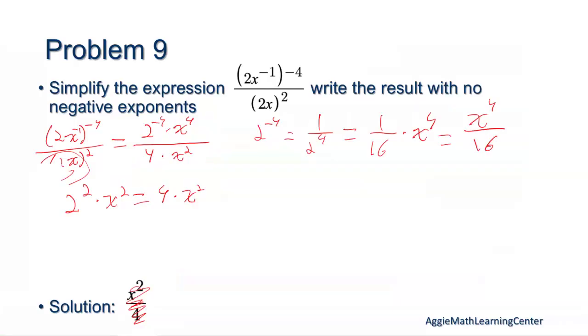Now we want to go over to the denominator, and we can't really simplify it any further, so we can just rewrite it all as x to the 4th over 16, over 4x squared. Now we've got a fraction divided by a non-fraction.